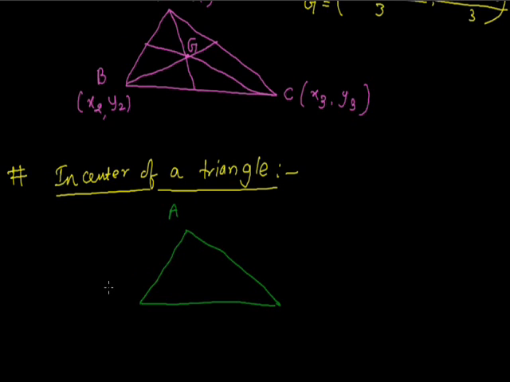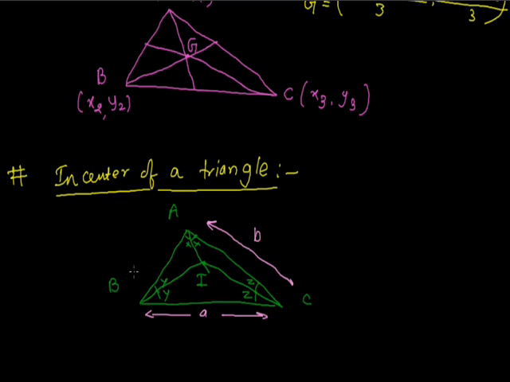Let's say the triangle ABC is given and the angle bisectors are intersecting at a point, and the length of the side opposite to the vertex A is given as small a, the length of the side opposite to the vertex B is given as small b, and the length of the side opposite to the vertex C is given as small c.